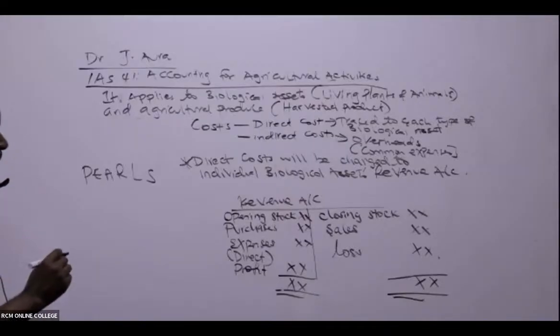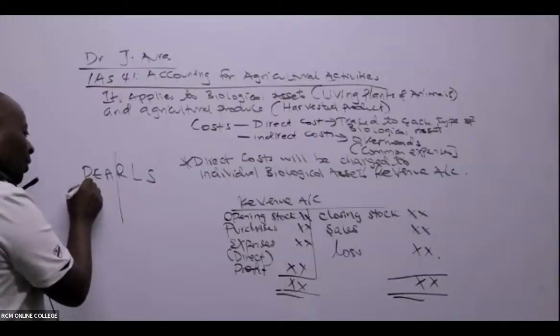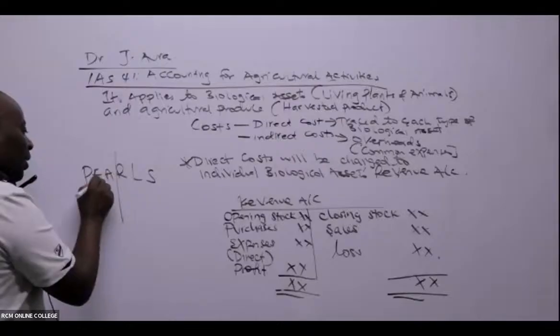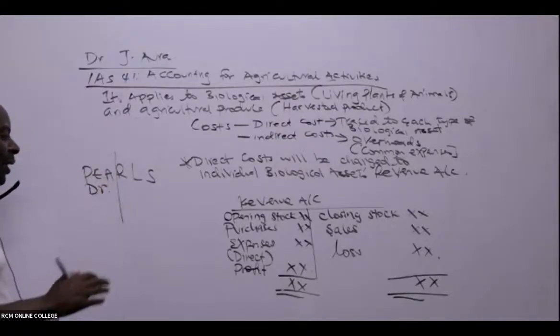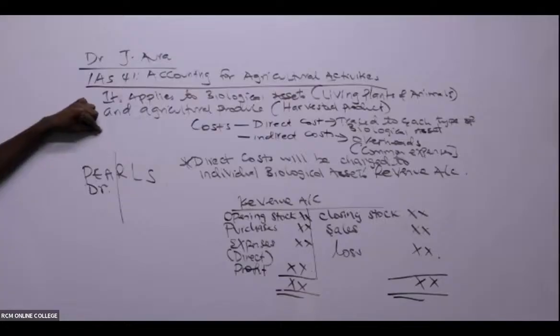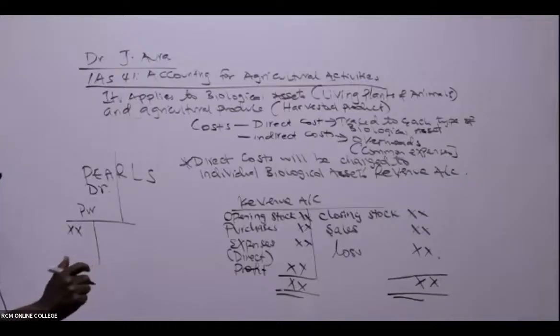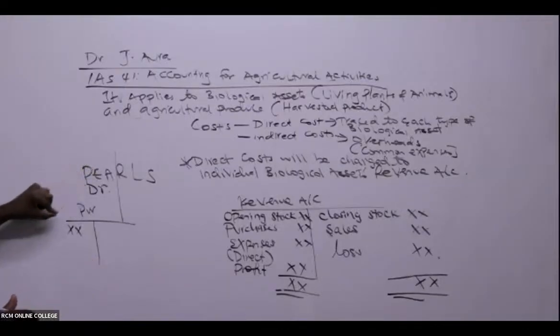P stands for purchases, expenses, and assets. Whenever they increase, we debit. So when you purchase goods on cash, you open a purchases account and debit it. Purchases, expenses, and assets should always be debited.